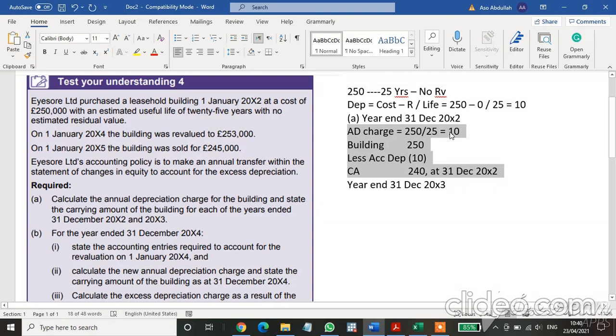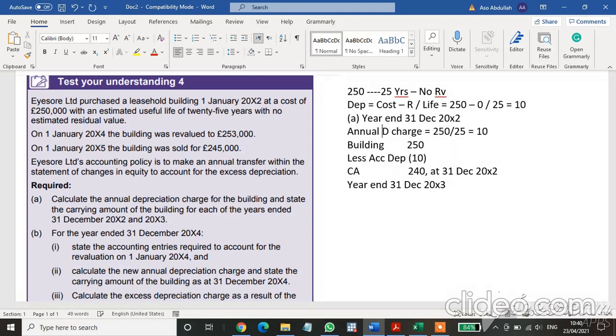So every year we have 10,000 depreciation. We already calculated the annual depreciation.